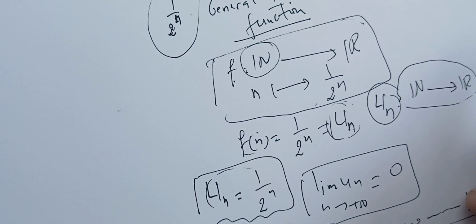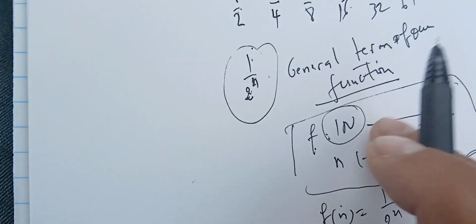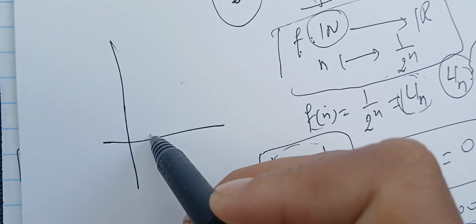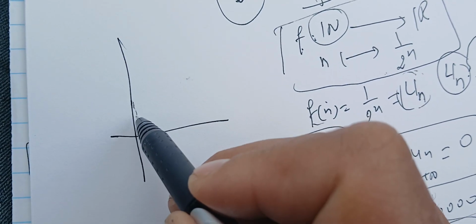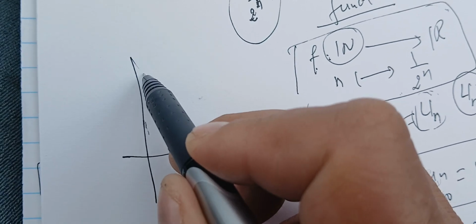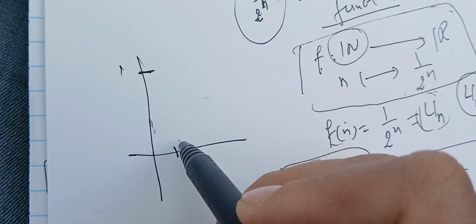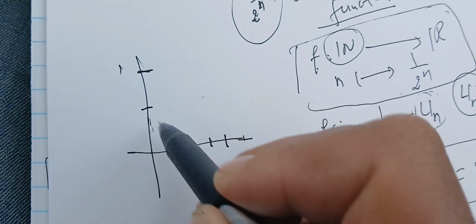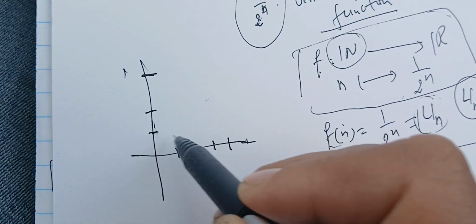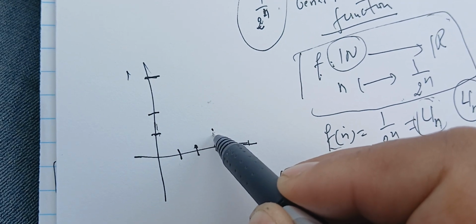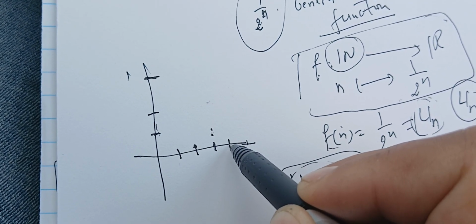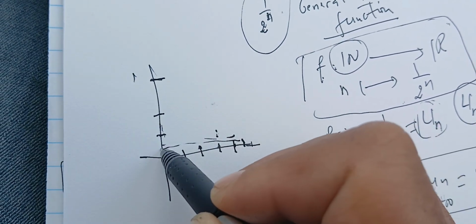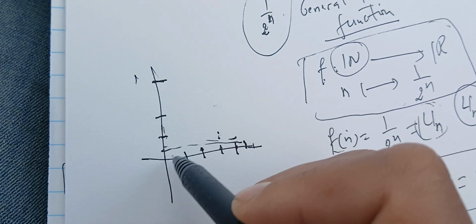Okay, so let's graph this sequence and see what we can get. Day 1 we have 1/2. I'm going to assume that this is 1. Day 1 we have 1/2. Day 2 we have 1/4. Day 3 we have 1/8. Day 4 we have 1/16. Day 5 we have 1/32.